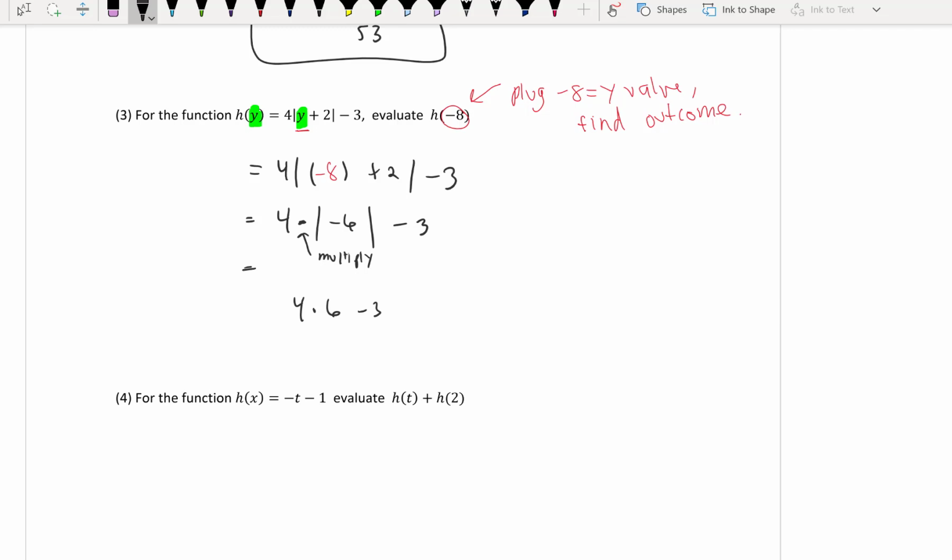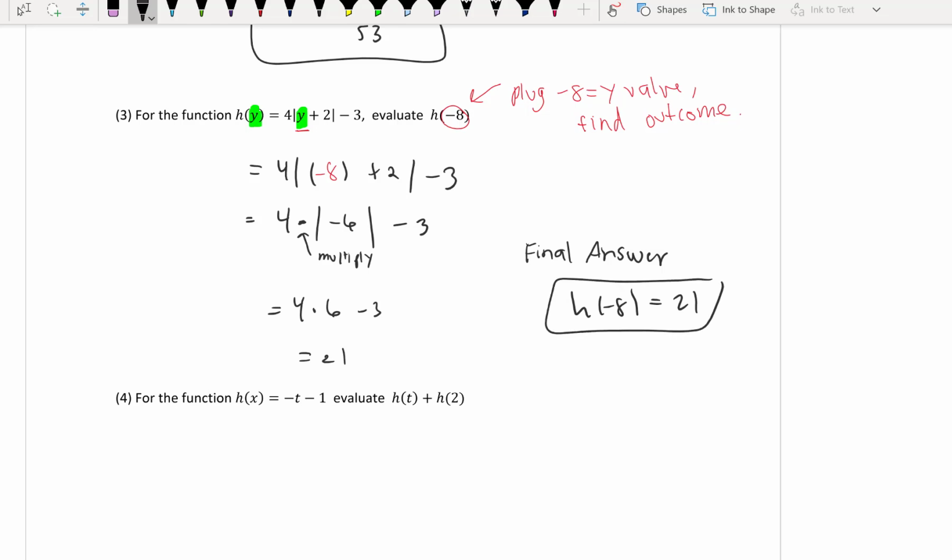So now you know that 4 times 6 is equal to 24, minus 3, which is going to equal 21. So now you have that when you plug in negative 8, your value is going to be a positive 21. So when you rewrite it, your final answer should be that h of negative 8 is equal to a positive 21.